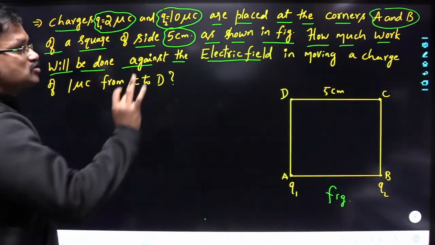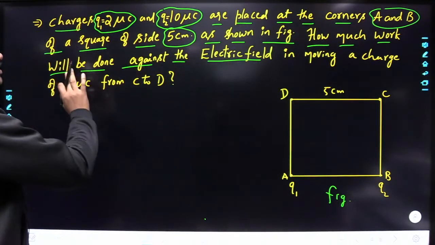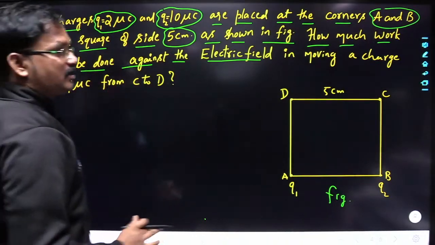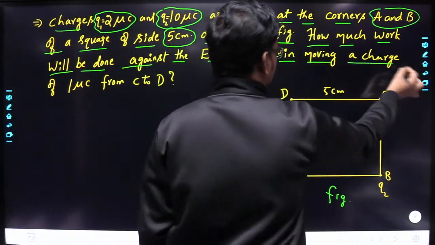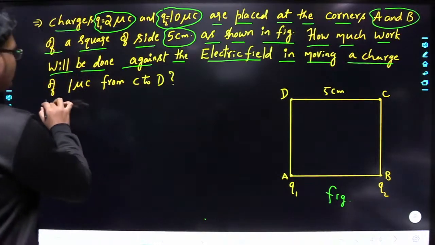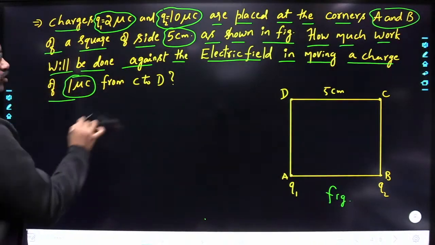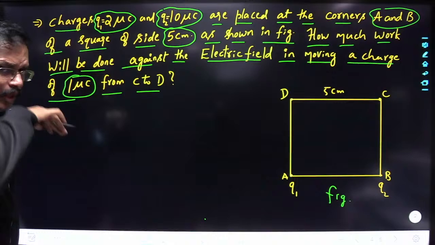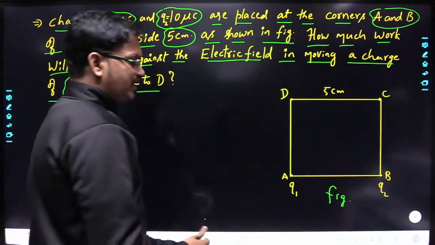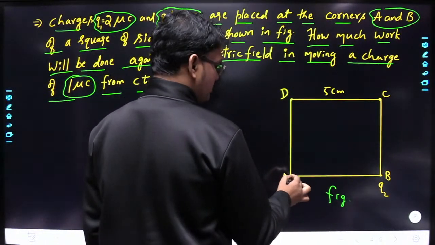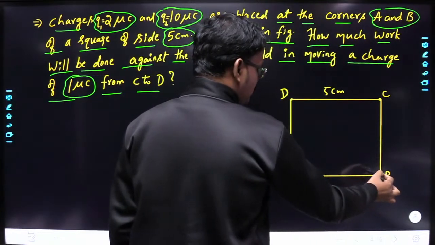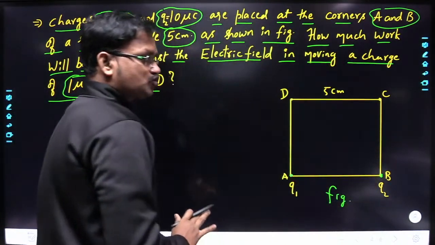Understood? Okay. So how much work will be done against the electric field in moving a charge of 1 microcoulomb from C to D? Here they have placed two charges, Q1 and Q2, at the corners of a square.